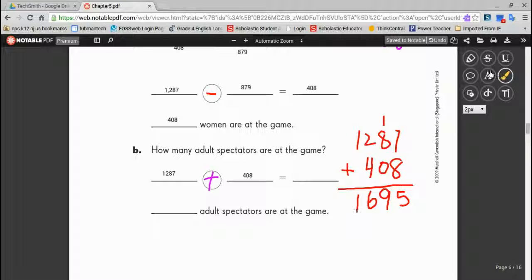And 1 straight down. Alright, so I know my answer, 1,695. So, 1,695 adult spectators are at the game.